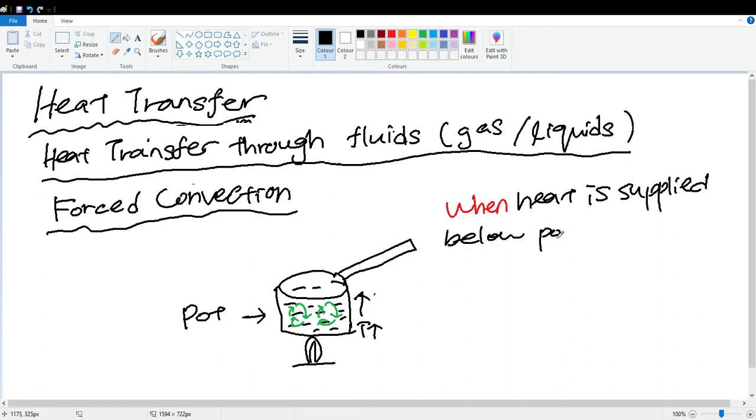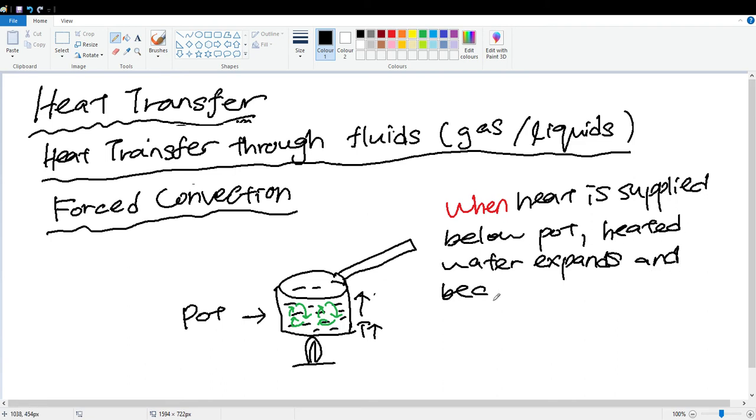So the heated water expands and becomes less dense and more buoyant.